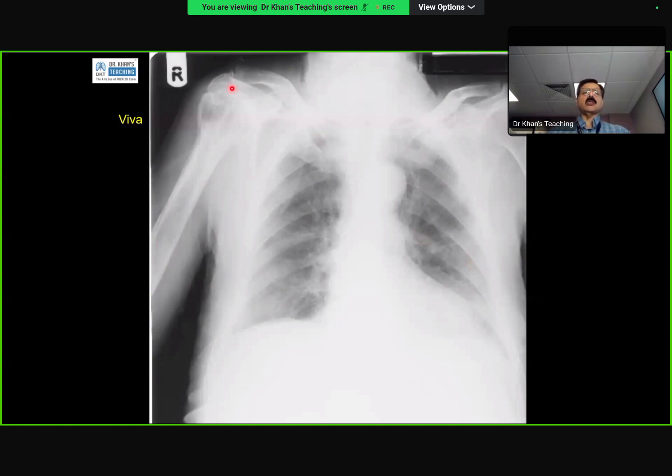Having said that, it will be a bit unfair, but maybe you can make up. Can you just concentrate on this humerus? And anything wrong? Yes, I can see that there is, in comparison with the other left humerus, cortical thickening involving the proximal part of the right humerus, and also I can see that there is increased trabeculation of the proximal right humerus, and cortical periosteal reaction is noted.